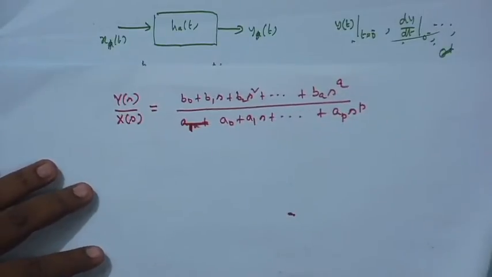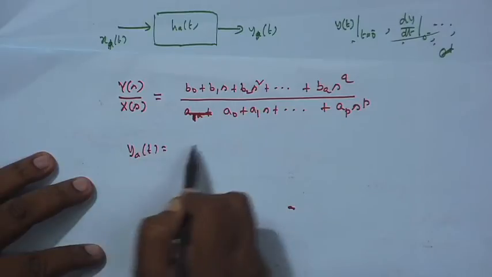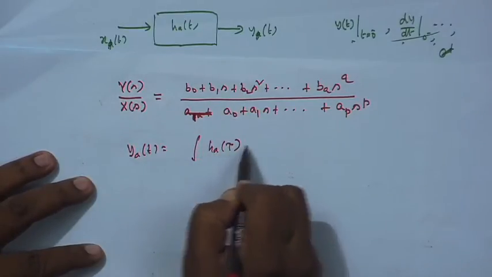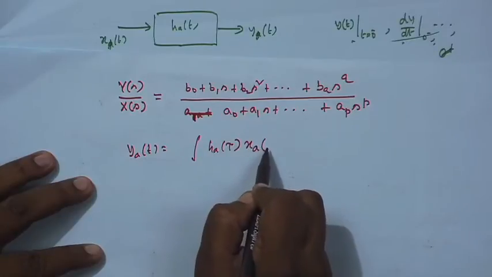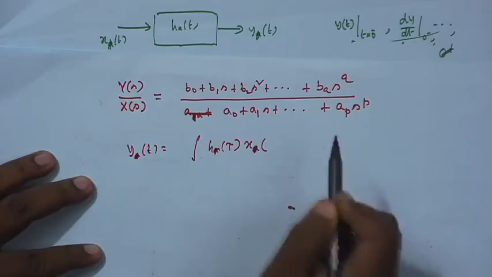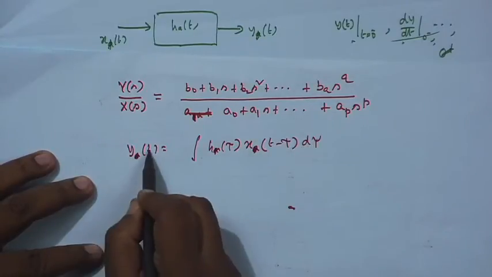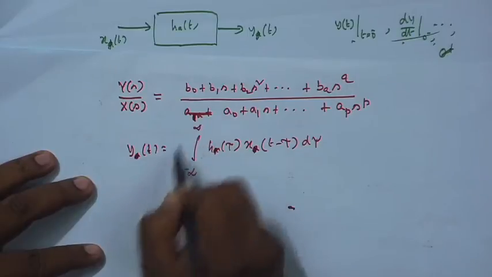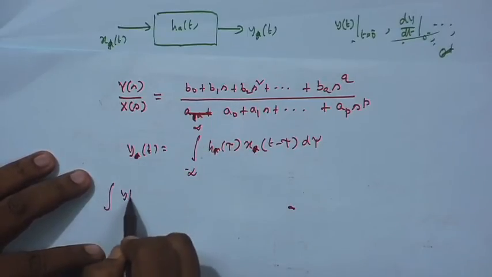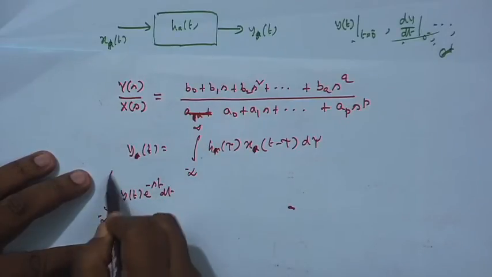We have seen one thing, that under linear time invariant condition, y(t) is a linear convolution between h and x: the integral of h(tau) x(t minus tau) d tau, where t is from outside, fixed from outside. I am dropping the subscript a, all are analog. If you take the Laplace transform of y, it will be the integral of y(t) e to the power minus st dt from minus infinity to infinity.